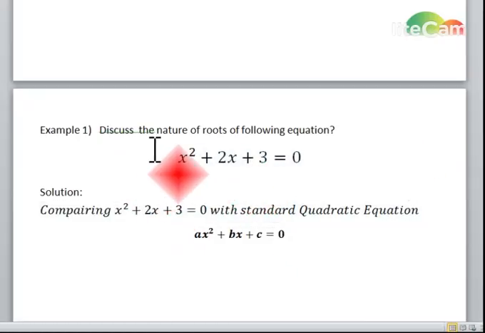The example is: discuss the nature of roots of the following equation: x square plus 2x plus 3 is equal to 0.